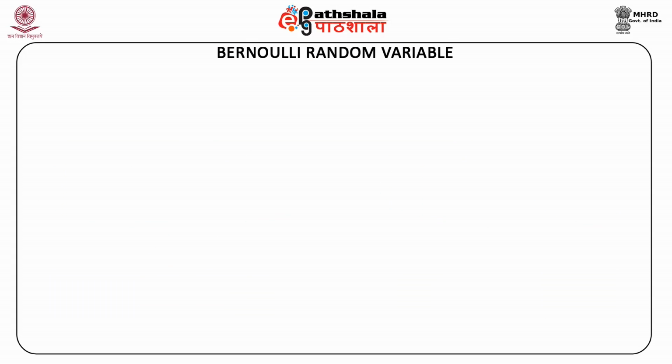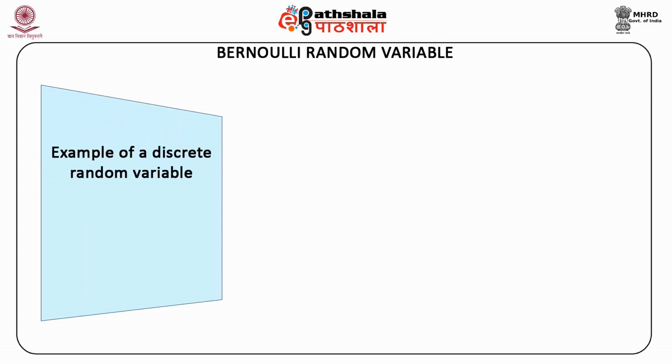Further, we shall discuss the Bernoulli random variable. A Bernoulli random variable is an example of a discrete random variable, and its distribution is a special case of the binomial distribution.